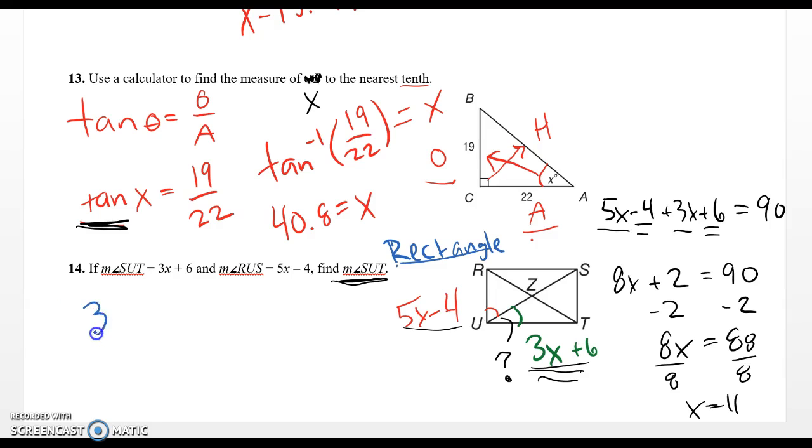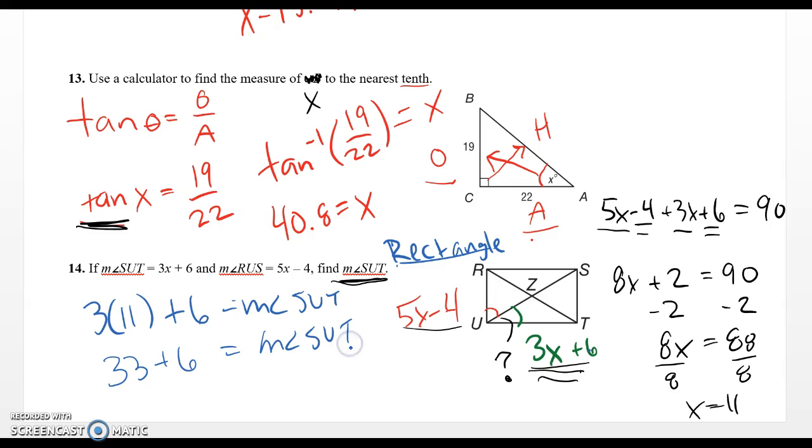So now it's 3 times our newfound x, which is 11, plus 6, equals the measure of SUT. 3 times 11 is 33, plus 6 equals the measure of SUT. And last but not least, 33 plus 6 is 39, equals the measure of angle SUT.